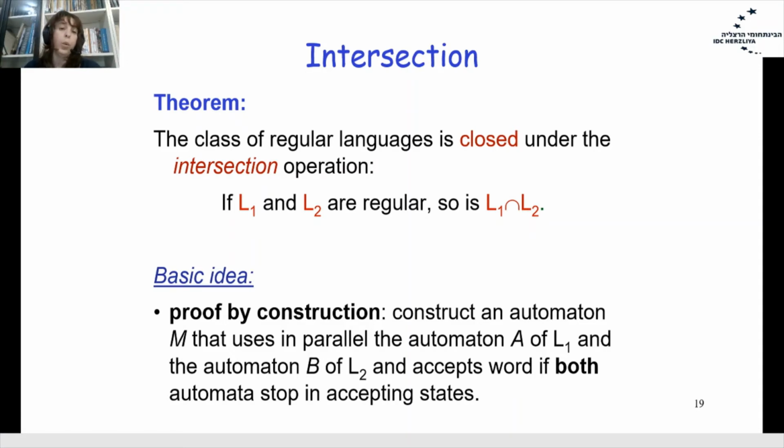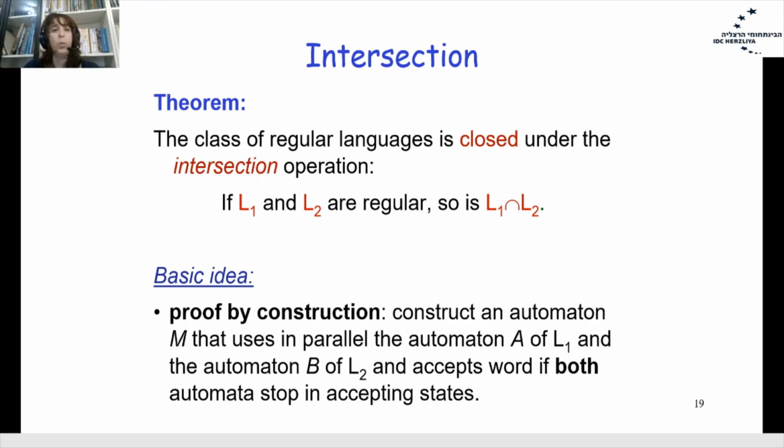Once again, we want to build an automaton that moves in parallel in automaton A of the language L1 and in automaton B of the language L2. And now we know that the word belongs to L1 intersection L2 only if both automatons A and B finished reading W in an accepting state.